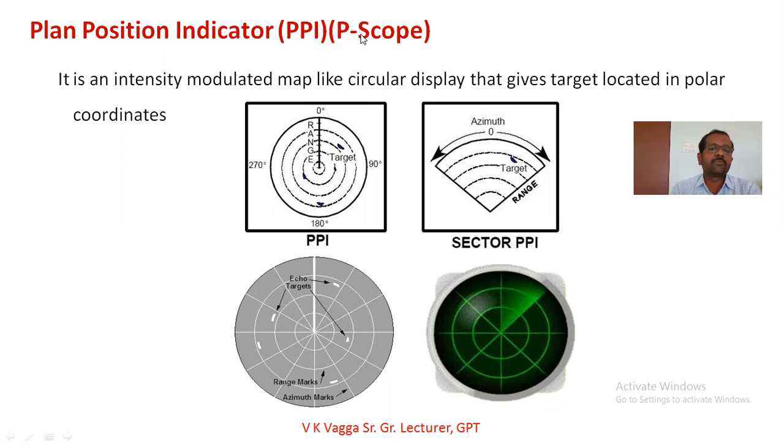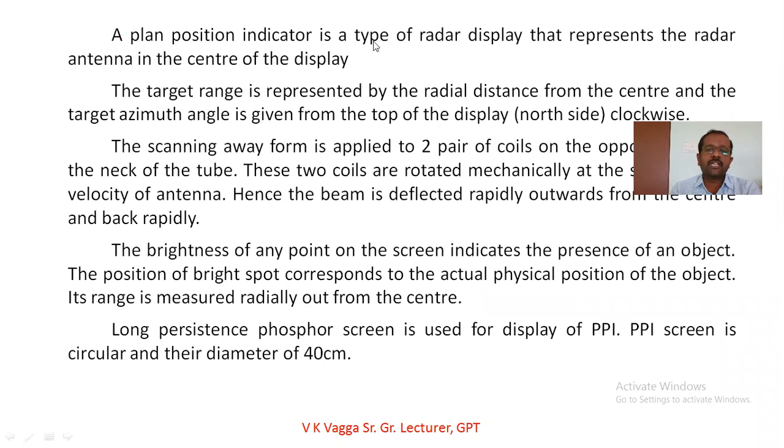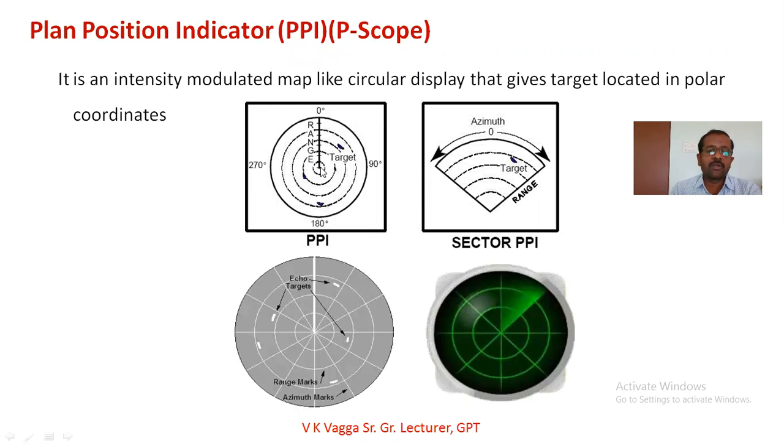This is about the P-scope display. A plane position indicator is a type of radar display that represents the radar antenna at the center of the display, so you should assume the antenna is exactly at the center.